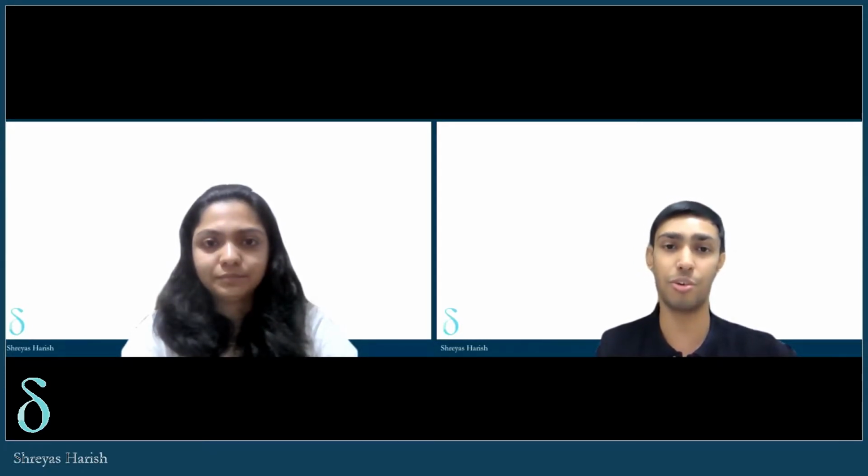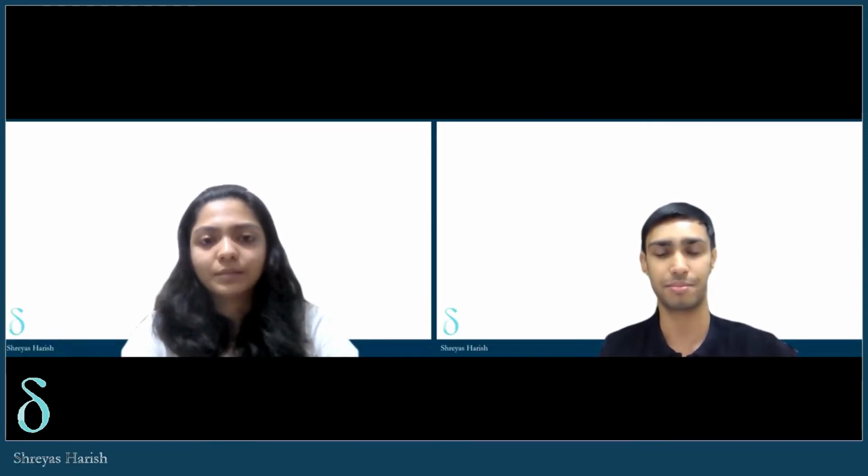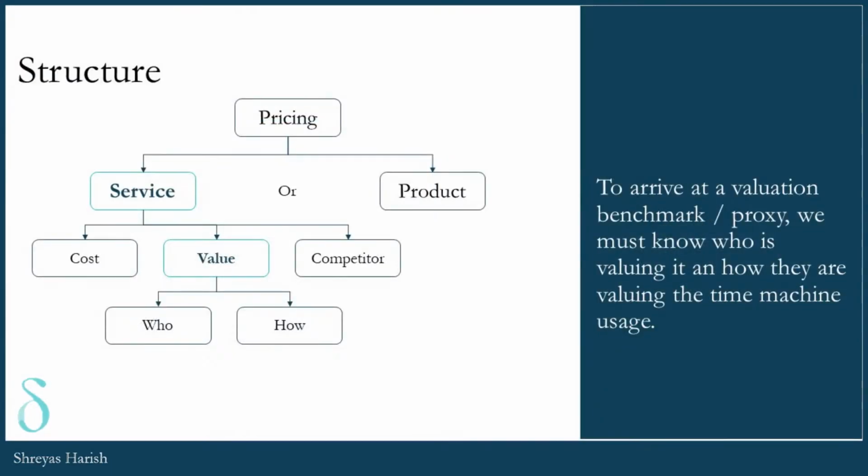The first is who will actually be using this time machine, who are the customers. And secondly, how will they really compare and benchmark the pricing, or how will they value a trip on the time machine? Does that seem like a good approach to take? Yeah, sounds fair. In order to identify how customers would value the time machine, we have to first identify who the customer is, and secondly, what their proxy for comparison would be.